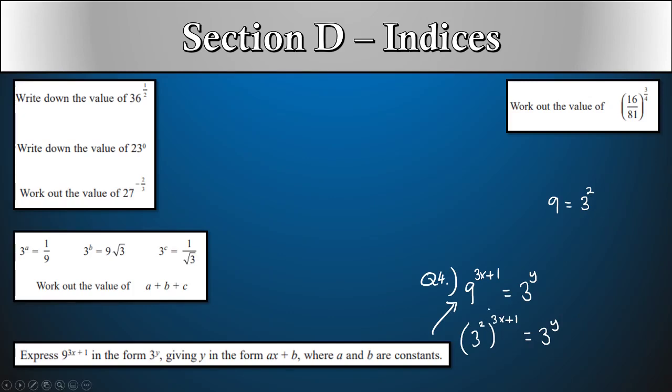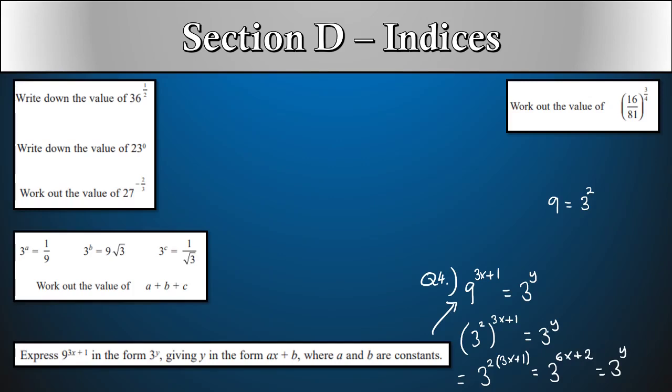Here now we use our rule of indices again. So if you've got a power raised to another power, all we do is multiply those two powers together. So this gives me 3 to the power of 2 times 3x plus 1, which is simply 3 to the 6x plus 2, which is equal to 3 to the y.